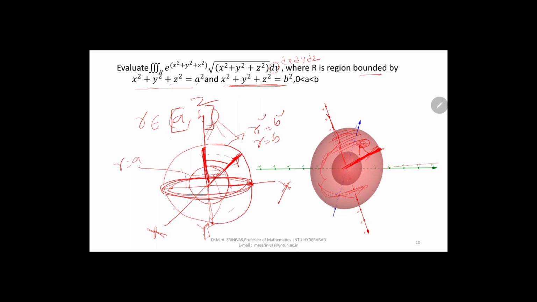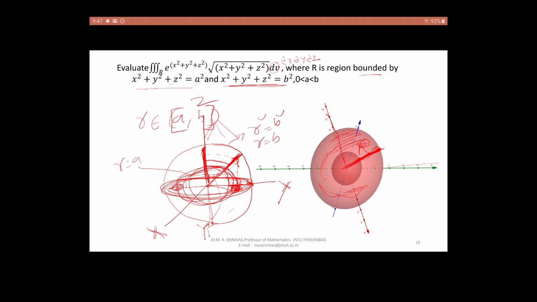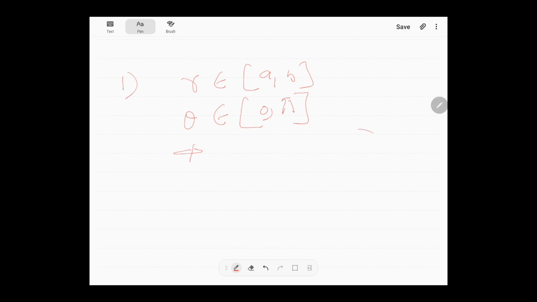The image will fall in this region as well as in this region. If it is in this region and this is the angle made with x-axis, therefore this may be 0 and this may be the back side of it, and the angle made by this phi is between 0 to 2 pi. So where that projection falls, this may be here or maybe here, maybe here or maybe here.